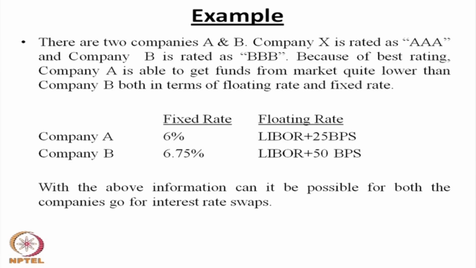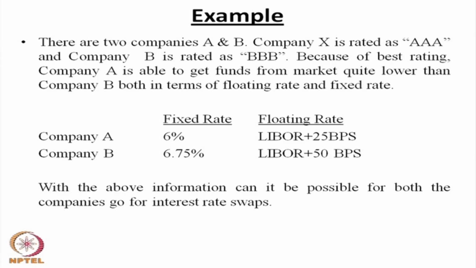The problem is here there are two companies, A and B. Company A is rated AAA, company B is rated BB. Company A is a good company, company B is a bad company.